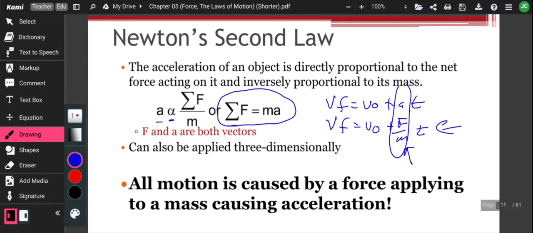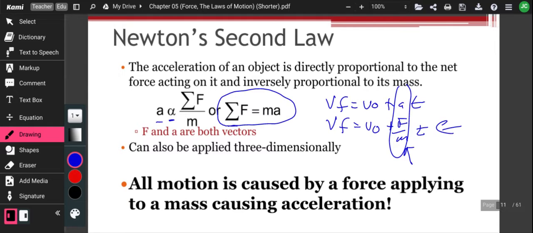This is a vector quantity, and that's going to give us some challenges over the next few weeks. Because as we are learning about Newton's second law, we are going to have a lot of different mathematical applications that we have to look at, a lot of different scenarios. So this simple equation is going to add a lot more challenge to us.